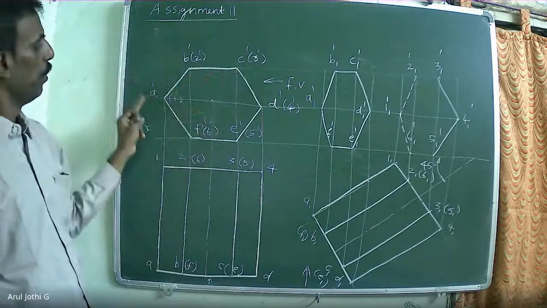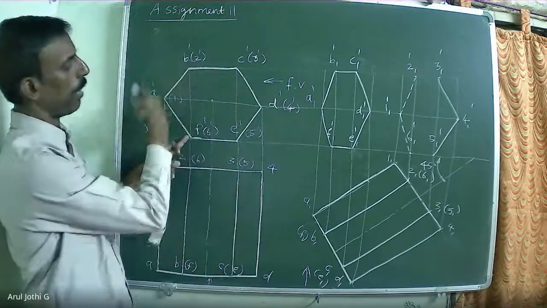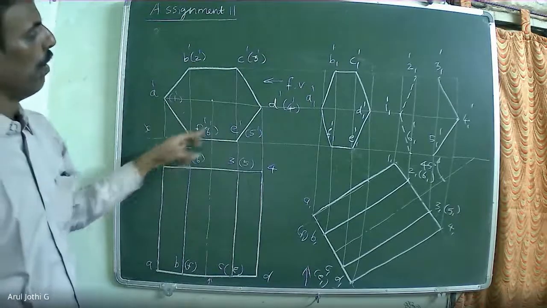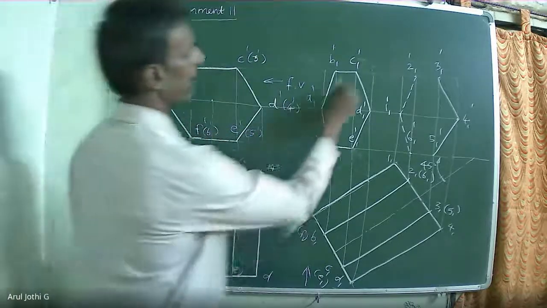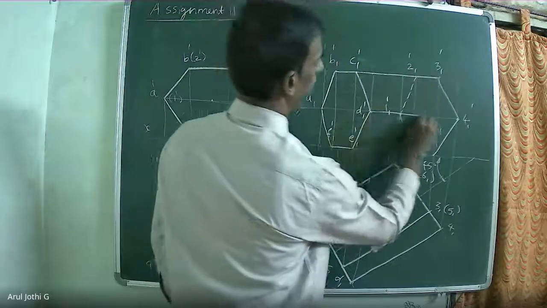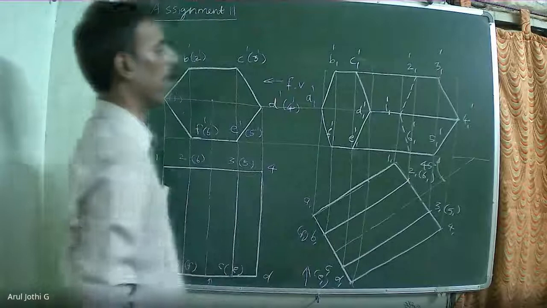B2, A1, F6 are available at the back side when you look in this direction. So C3, D4, E5 are visible. So join C3, D4 and E5 as a visible line.